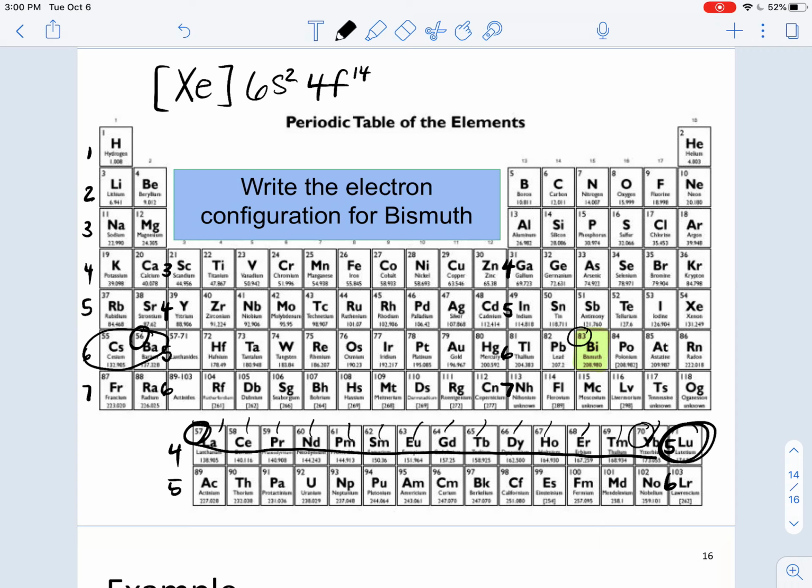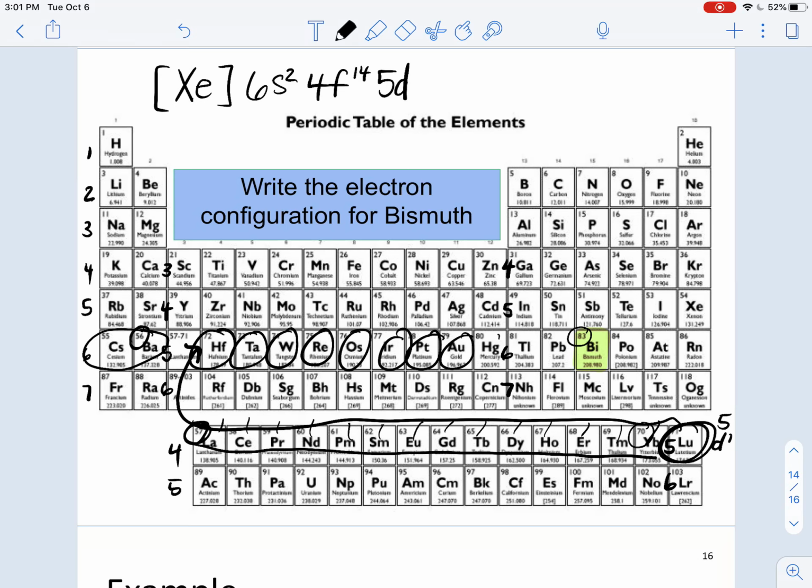And then the next spot is 5d. All right, and remember, after this block is over, it kind of fits in right here. So this is 5d1. Here's 5d2, 3, 4, 5, 6, 7, 8, 9, 10. 5d10.